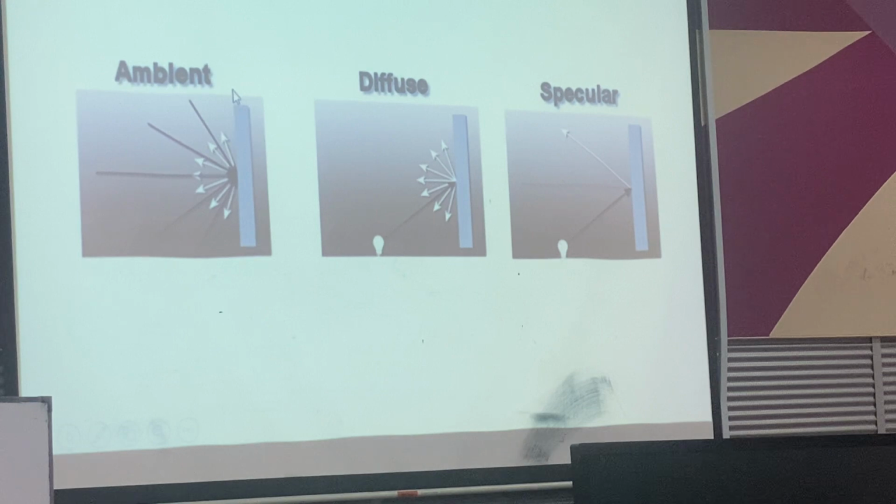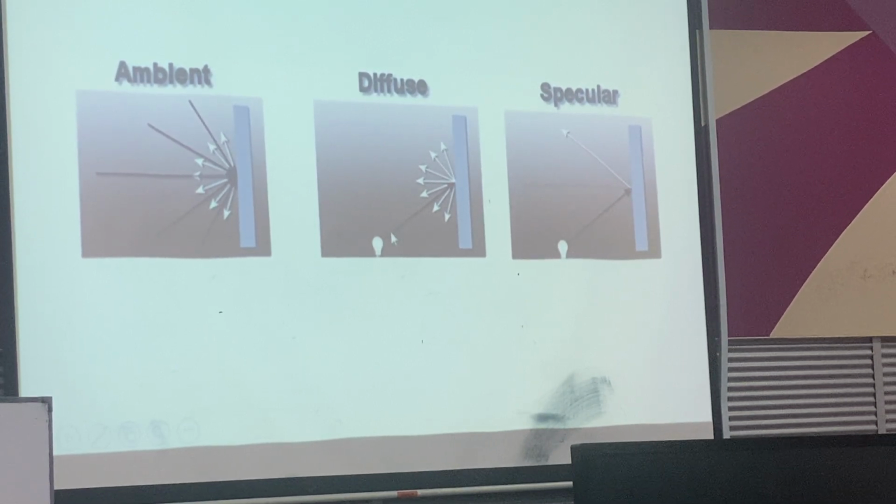This is ambient light, or we call it global light. Light comes from all directions, and the reflection also goes in all directions. This is ambient.